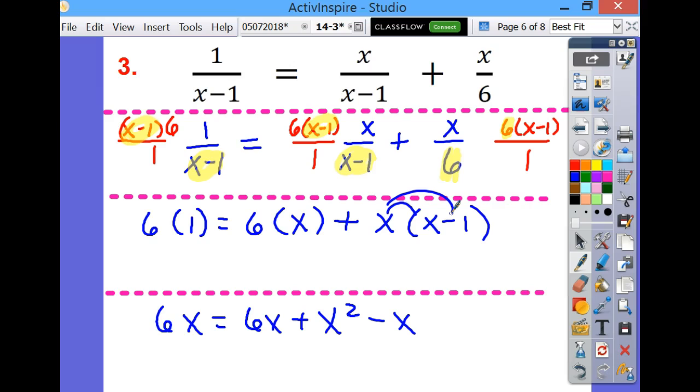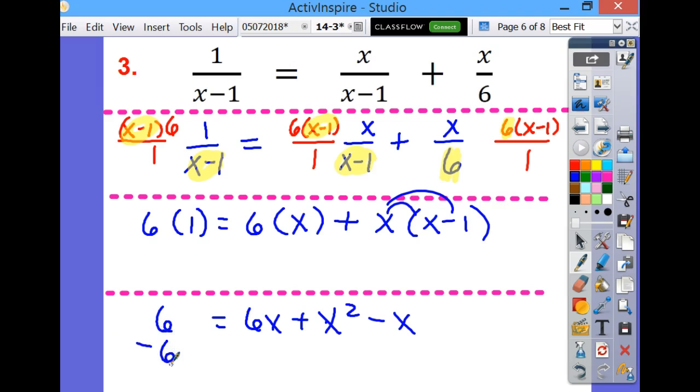Distribute that. X is squared, so it needs to be equal to 0 to solve it. And I stuck an x in there where it's not supposed to be. 6 times 1 is just 6. So if you copied me down, please correct that.